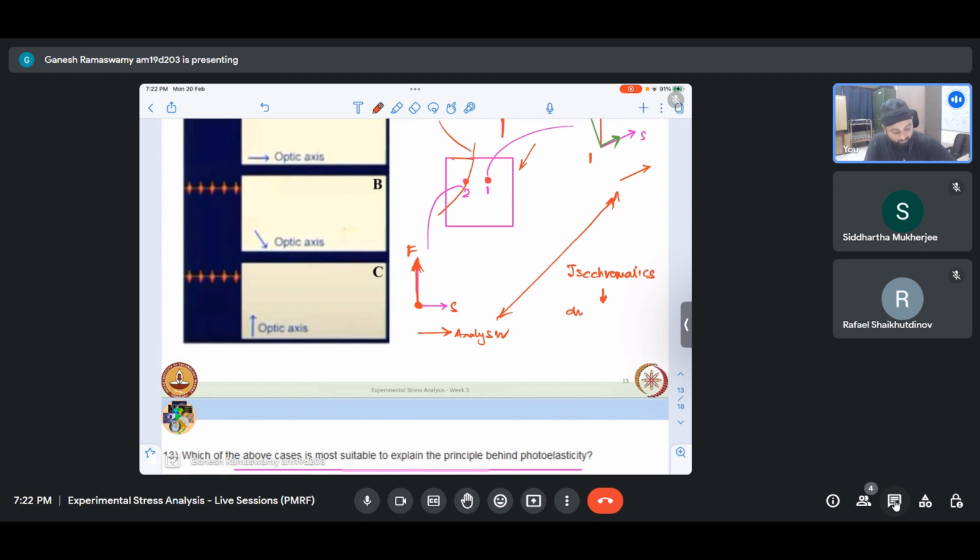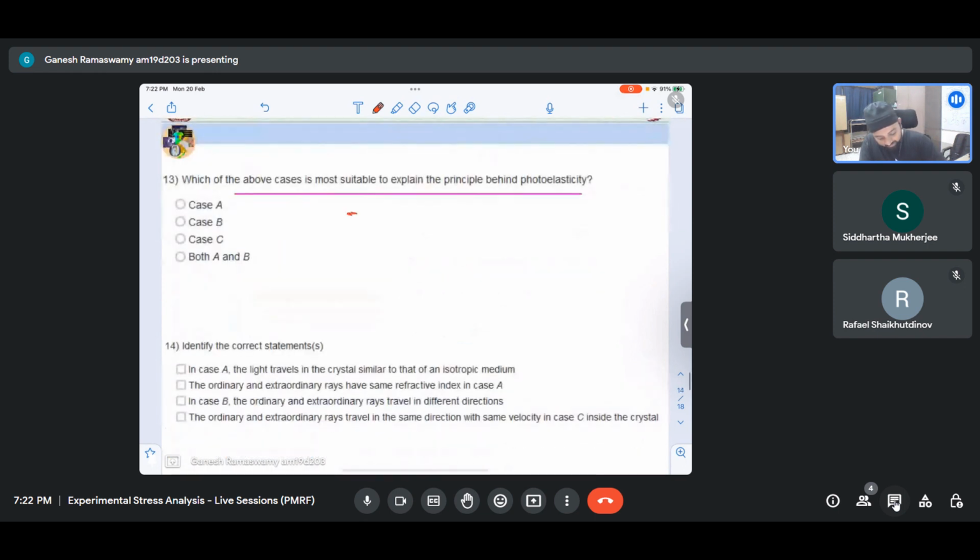Isochromatics due to retardation. I'll just write it clearly. So this is key to be kept in mind.